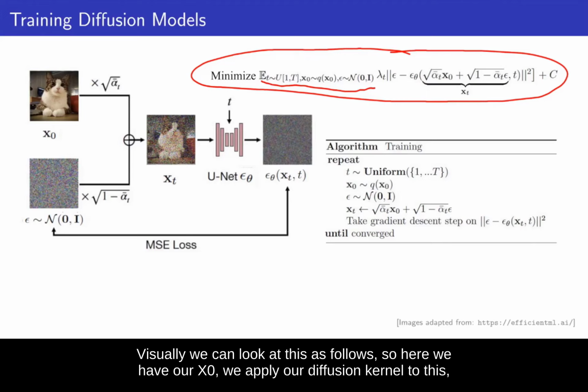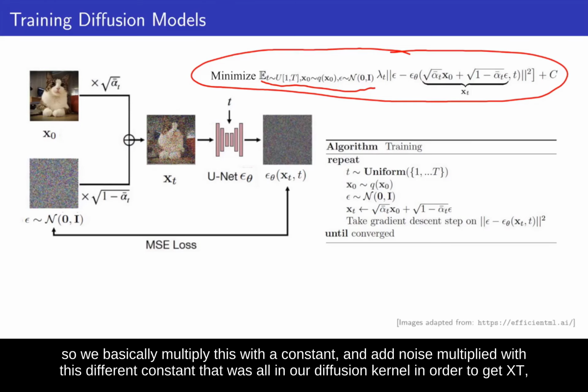Visually, we can look at this as follows. So here we have our x0. We apply our diffusion kernel to this. So we basically multiply this with a constant and add noise multiplied with this different constant that was all in our diffusion kernel in order to get xt.